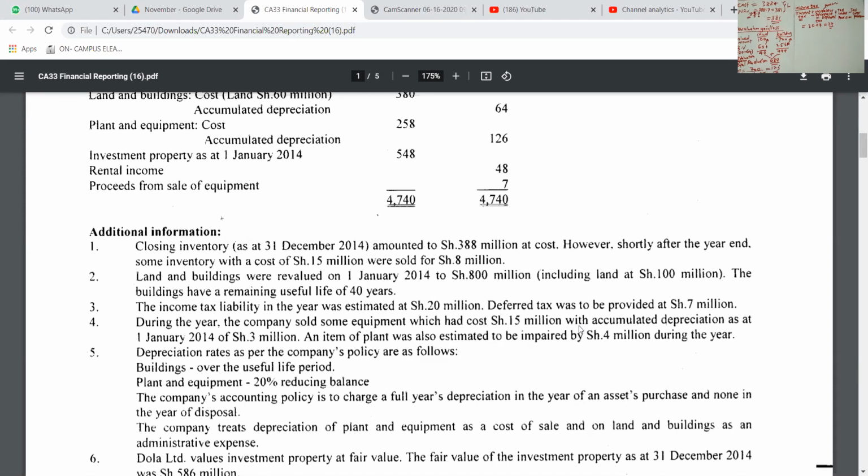So what we are supposed to do is a disposal account to determine whether the disposal of equipment resulted in a gain or a loss.